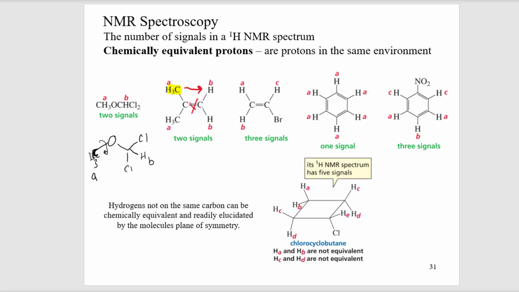And in the other direction, on the same carbon but across the way, it sees a methyl. That methyl is actually equivalent to the methyl on the other side, because look at its view. The methyl down below looks across the double bond and sees a hydrogen, and then looks back and sees a methyl. So because of symmetry, we're going to see two signals, even though there is no rotation in the middle.